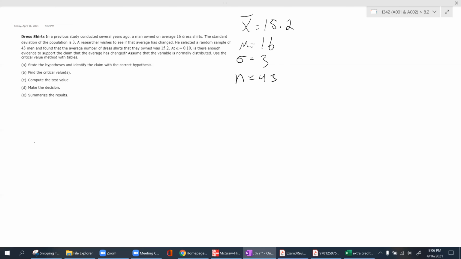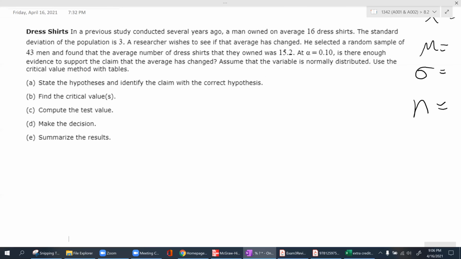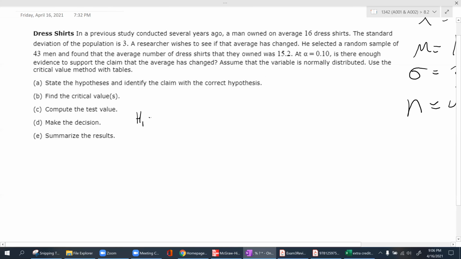So for my alternate hypothesis, not 16, meaning that my null hypothesis will be 16. It is embedded in the question. So this was my part A.